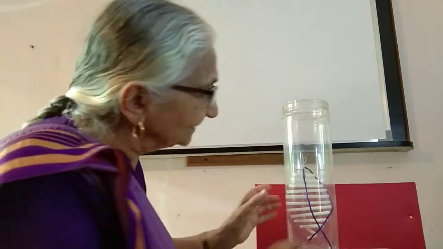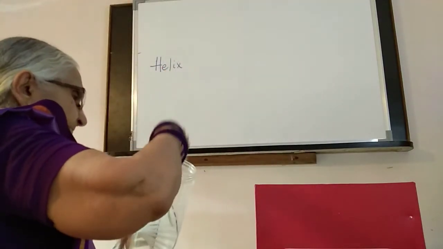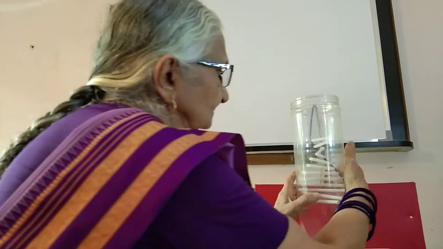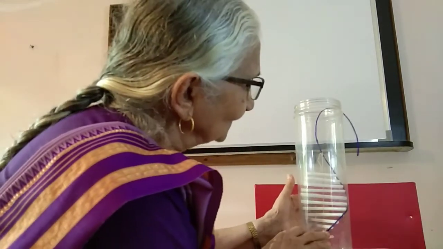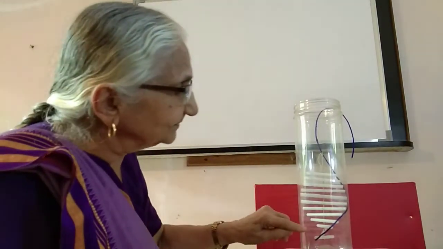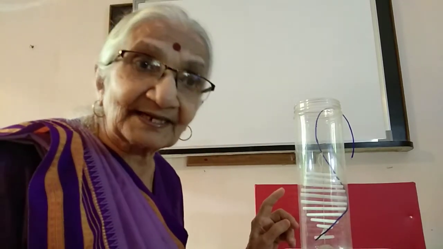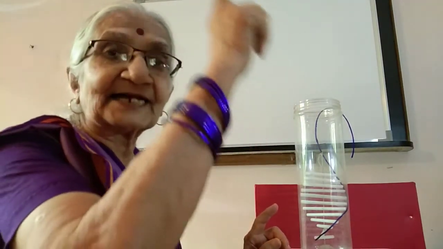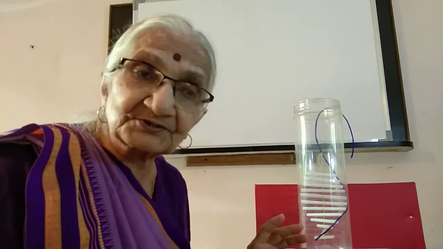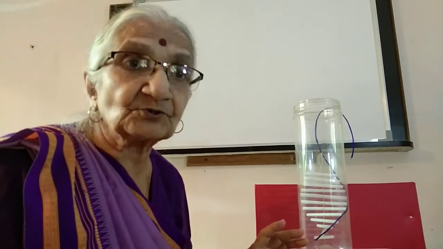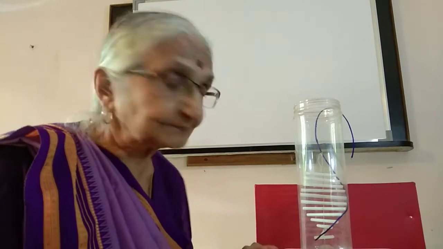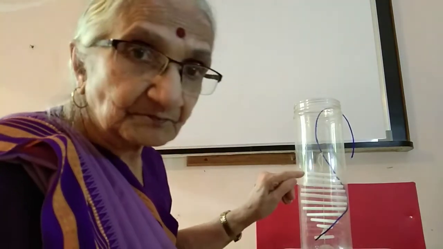As you can see here, we are reminded of a spiral ladder in many malls, in some small houses also, in order to save space. This looks just like that.